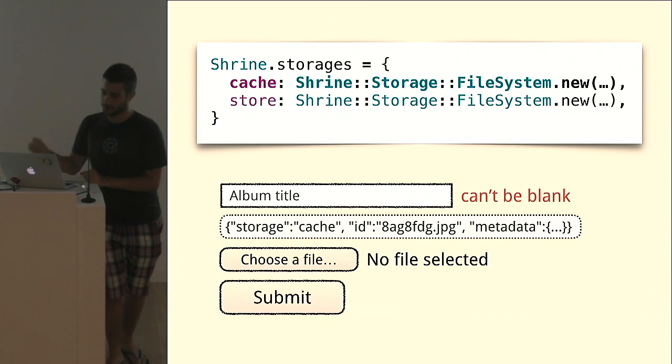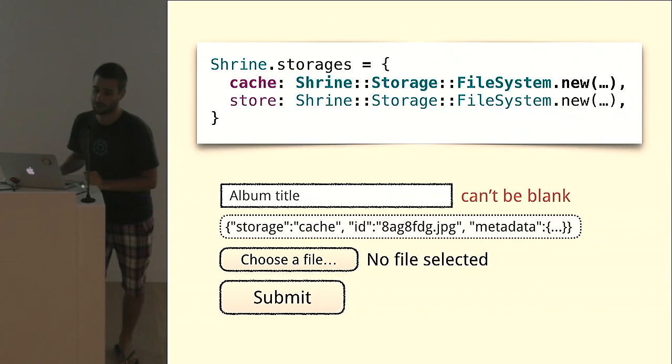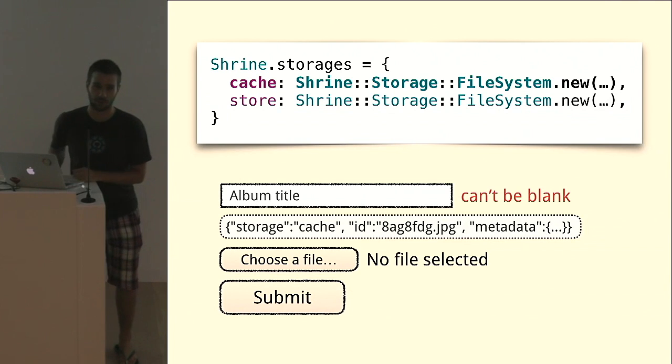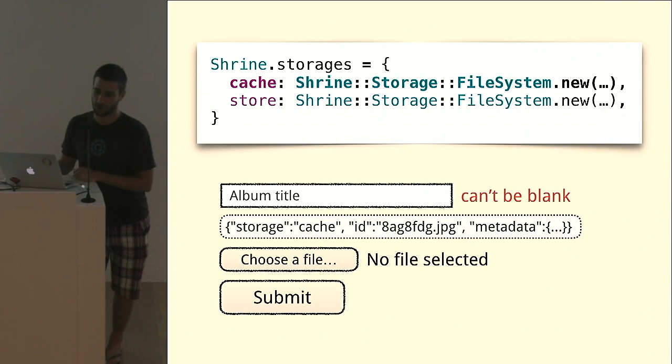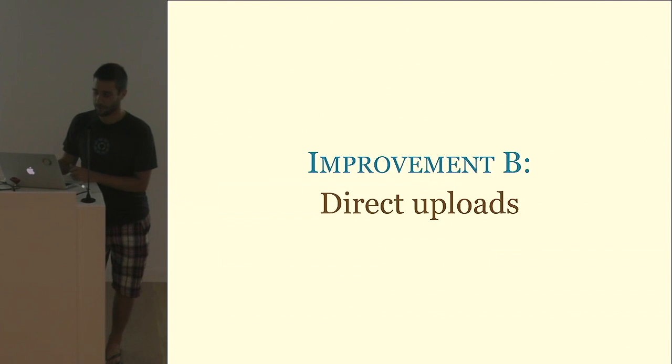So that's symmetrical. Now when you submit the form, only this JSON data, which points to the file, will get submitted. So the submission is instant, and the user doesn't have to re-upload the file that they already uploaded. That's one of the basic things: we don't require users to do a slow thing multiple times.